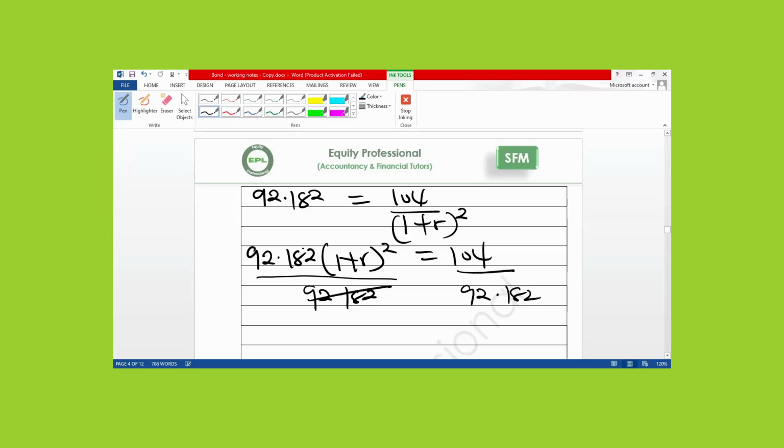This cancels out this. We are left with 1 plus r raised to power 2 equal to 104 divided by 92.182, which is 1.128. Yeah, correct. 1.128. What next?